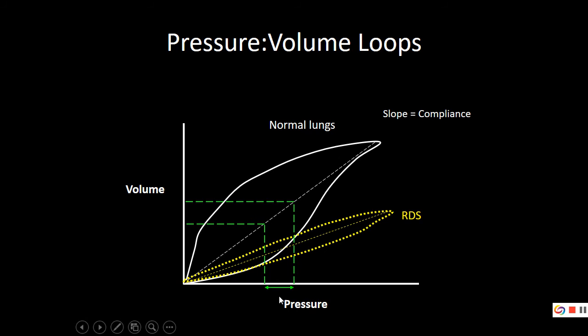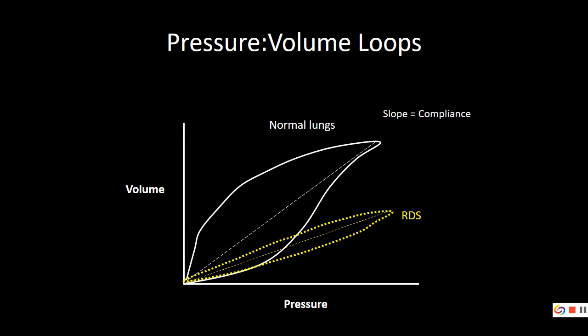So another way to think about it is, what happens if you kept the pressure constant? What would the two lungs do in terms of their change in volume? Well, for a normal lung, you would have a change in volume of this delta here. Okay. You can see for the same pressure, the baby with RDS has a much smaller change in lung volume.